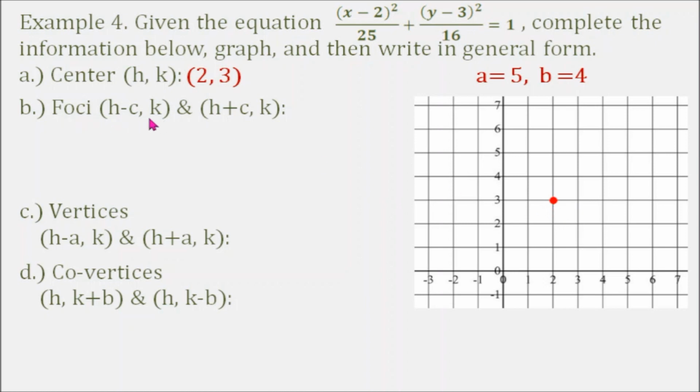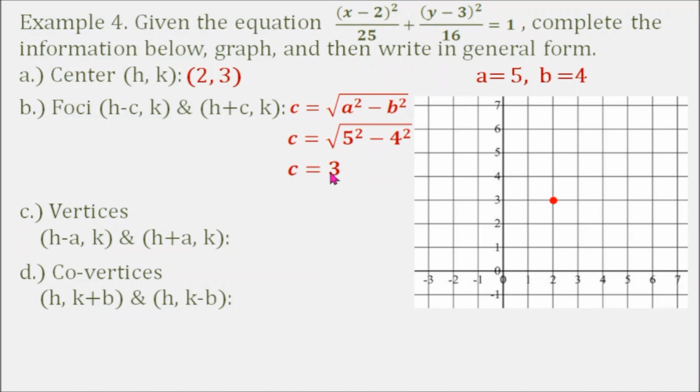For our foci, we need to find c. So our formula is c equals square root of a squared minus b squared. Our a is 5, our b is 4, so that means c equals square root of 5 squared minus 4 squared, and that gives us 3. That's because 5 squared is 25, and then 4 squared is 16. 25 minus 16 is 9.